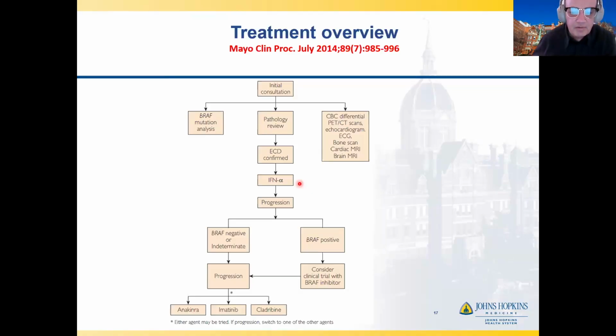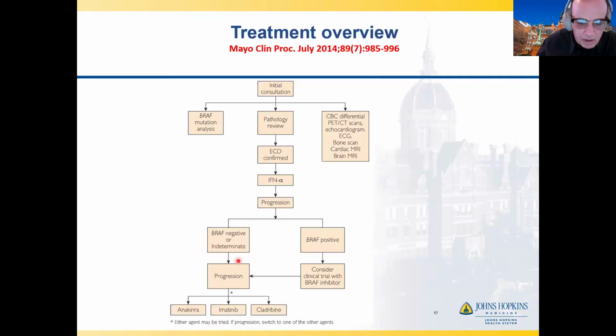And then if you have progression, and if the patient was BRAF positive, and again, this was published in 2014, it was a consideration for clinical trial with a BRAF inhibitor, which obviously showed to be very important in the treatment of these rare disorders.